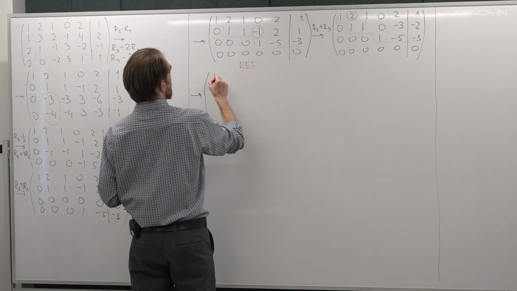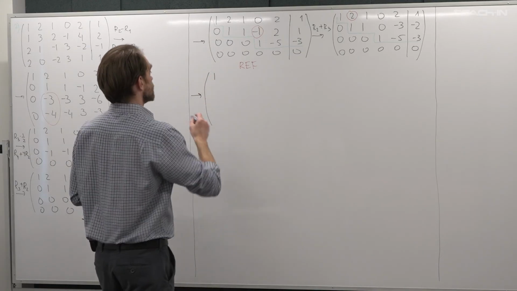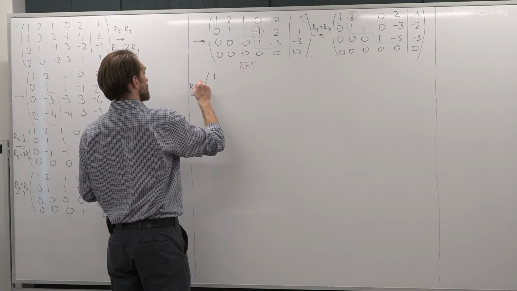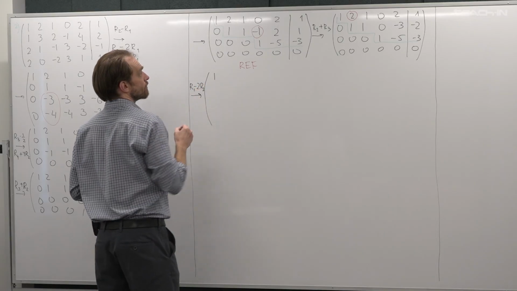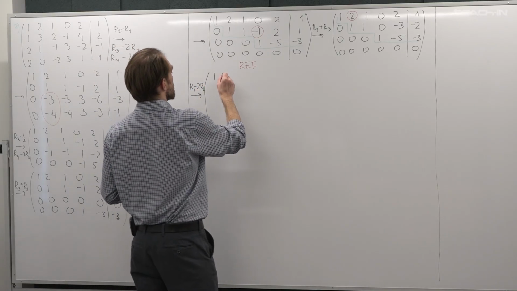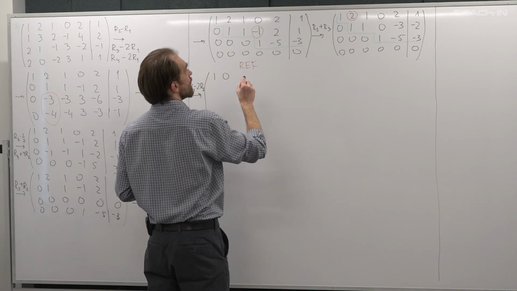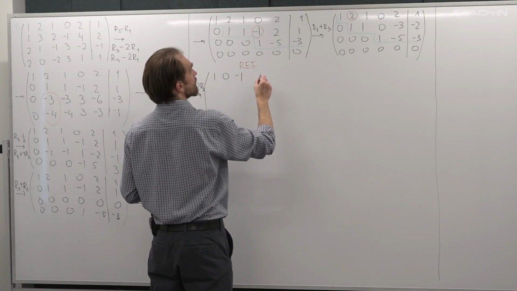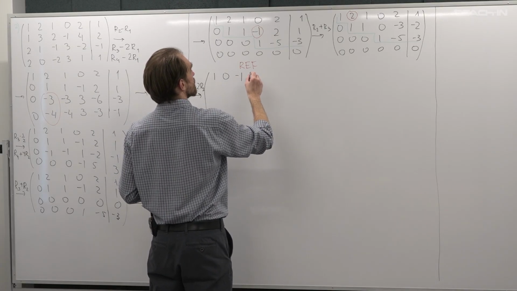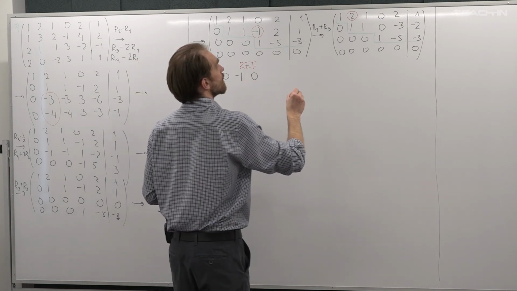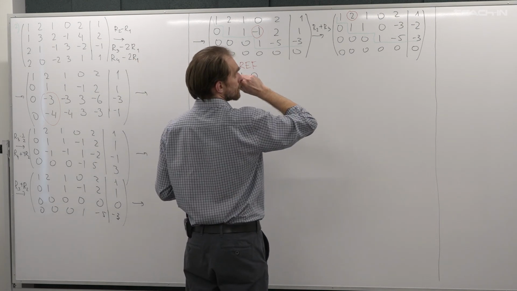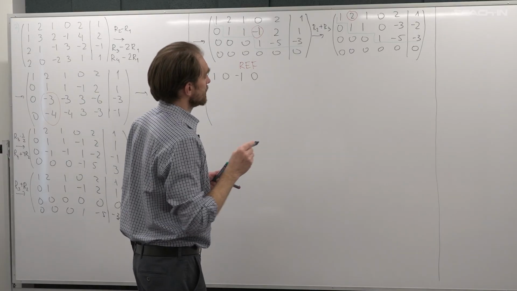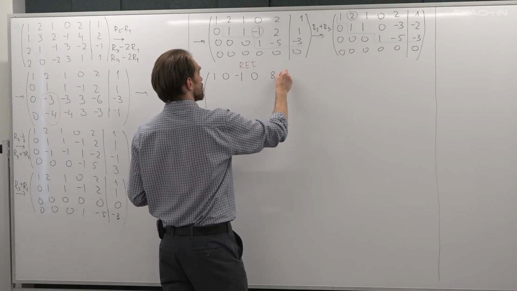So I'm going to subtract the second row multiplied by 2 from the first one. So I get 1, 0, minus 1, then 0, and then 2 plus 6 makes 8.